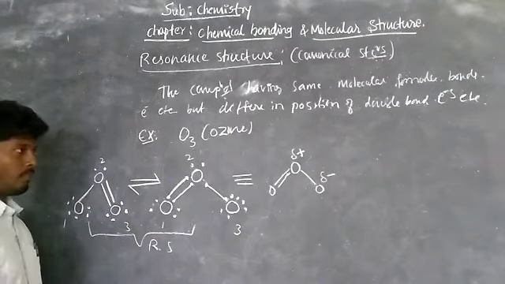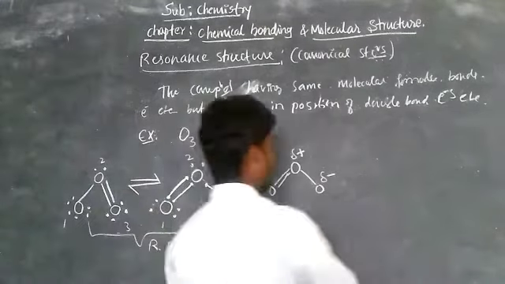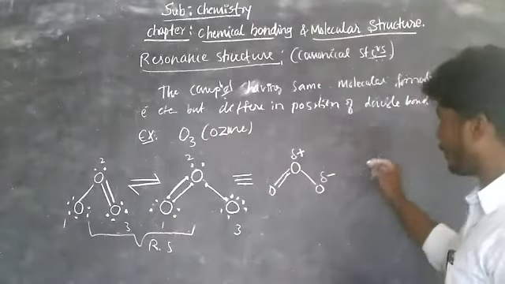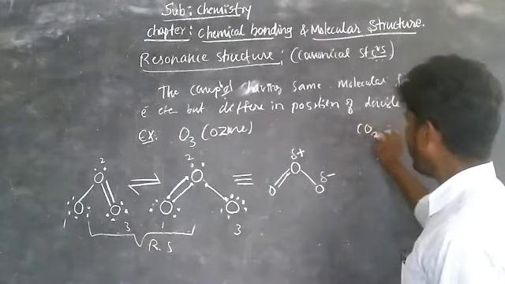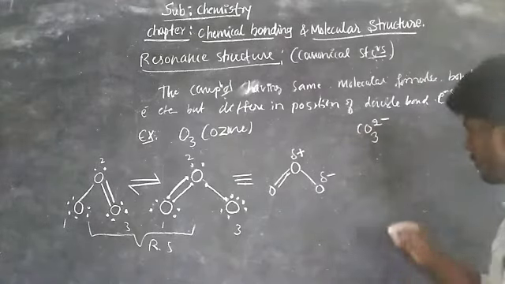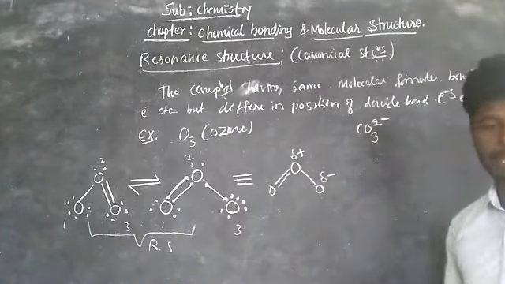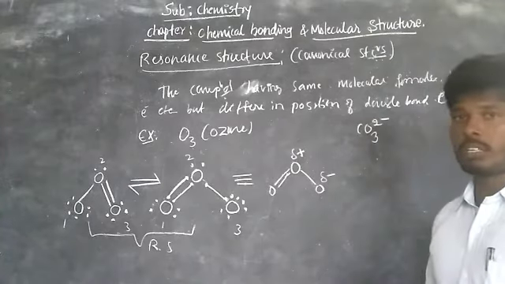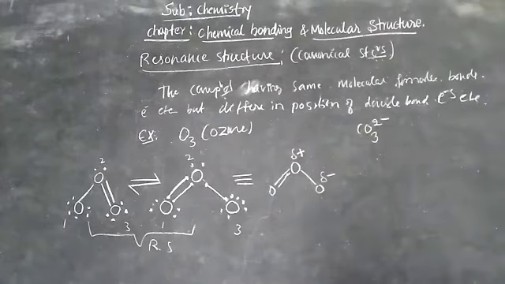Okay, got it? Now similarly, take the carbonate group, CO3 2 minus: carbon and 3 oxygens. Observe how to write the structure of the carbonate group CO3 2 minus.